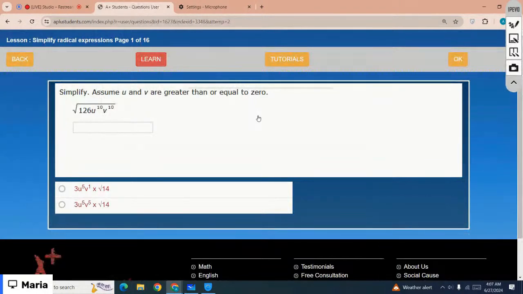The first one is 126 square root u10 v10. Let's just start with the lesson.